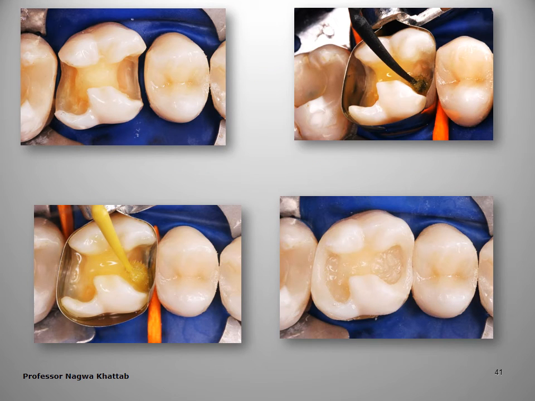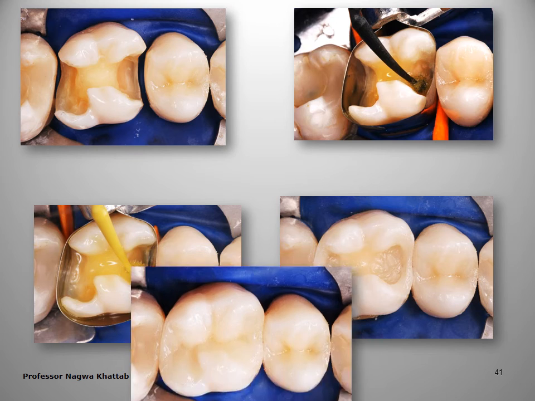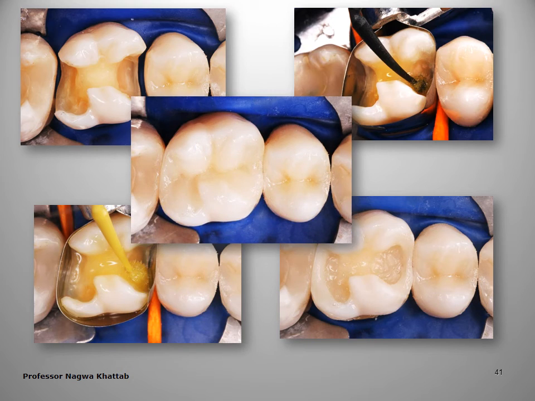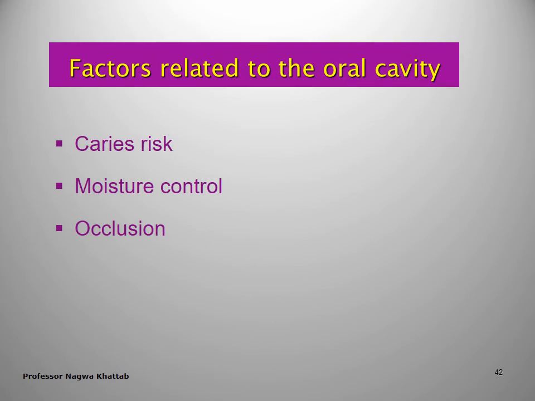For an extensive lesion, it's better to use an aesthetic restoration, whether direct or indirect, to reinforce the remaining tooth structure. Here, with the use of etch and bond, you build the tooth structure and finally restore it to normal shape and function. Factors related to the oral cavity include caries risk and moisture control.